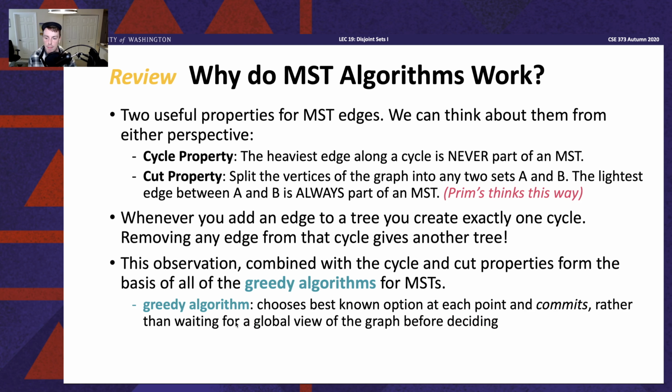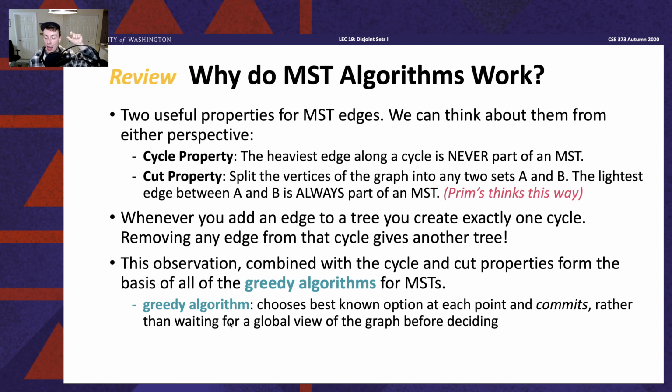We also highlighted that minimum spanning tree algorithms, which help you find minimum spanning trees, generally work because of one of two properties. First, the cycle property, saying that if you ever have a cycle in your graph, then the heaviest edge on that cycle will never be part of a minimum spanning tree, because you can connect all of the nodes in that cycle using all the other edges.